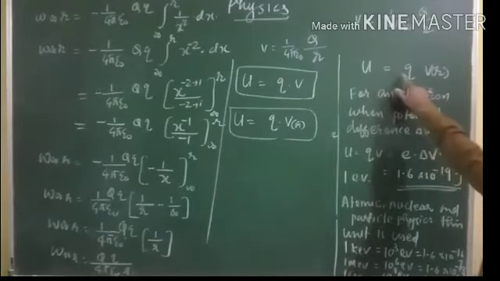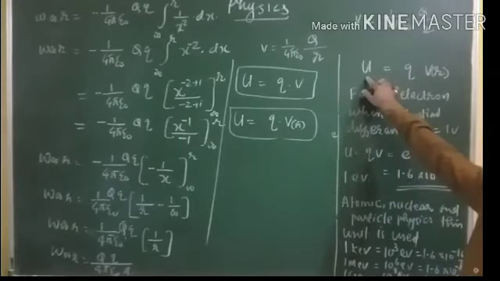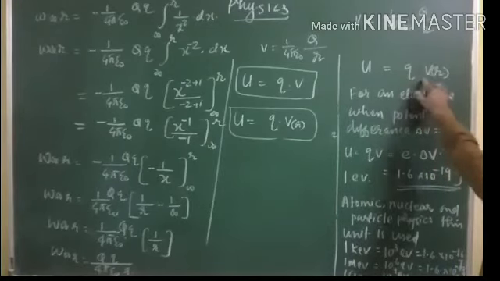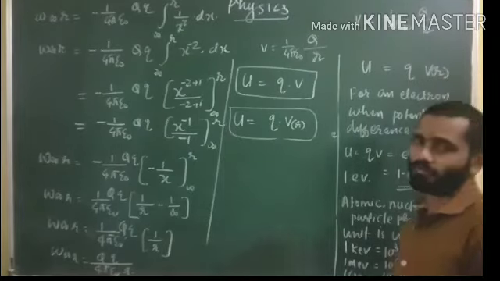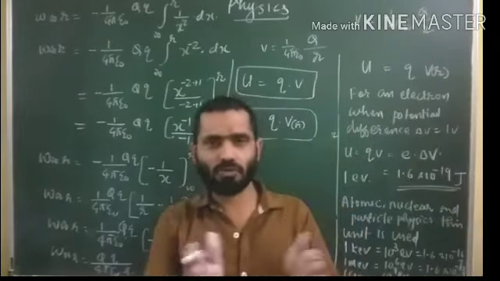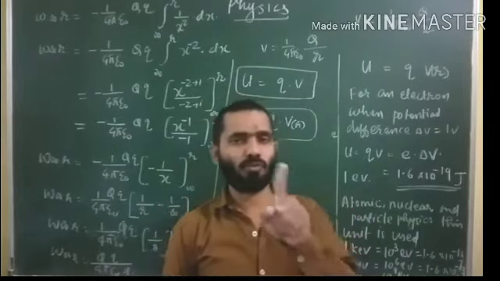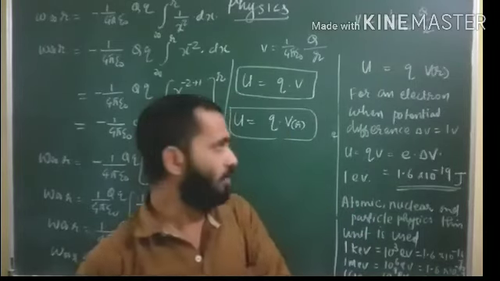Now listen students, this is another very important term you want to remember. U equal to q into V at r. This I already told you. Energy will be equal to charge into V at r distance, the potential at r distance. Suppose in a particular region the potential difference is 1 volt.